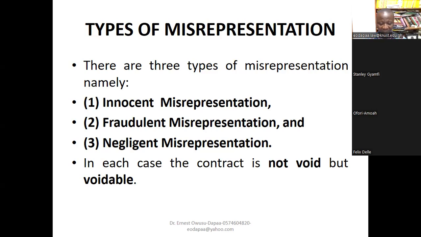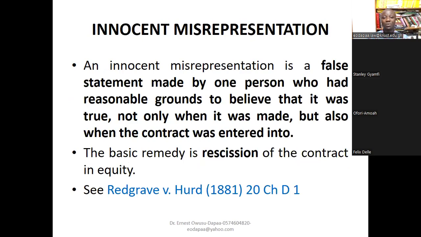And of course, when the case of Hedley Byrne against Heller and Partners was decided, from there we have come to have another category of misrepresentation we call negligent misrepresentation. Good. Whether innocent, fraudulent or negligent misrepresentation, it will not render the contract void, as we have noted already, but just voidable.